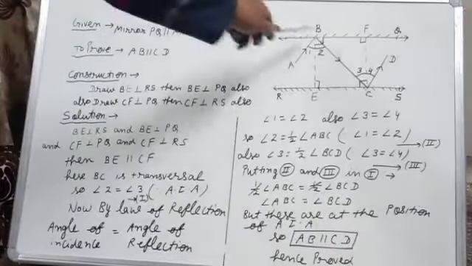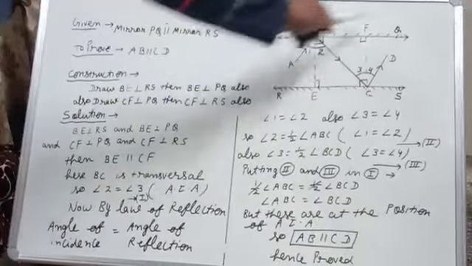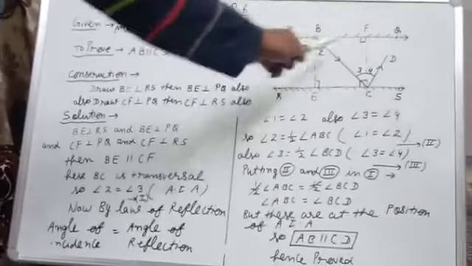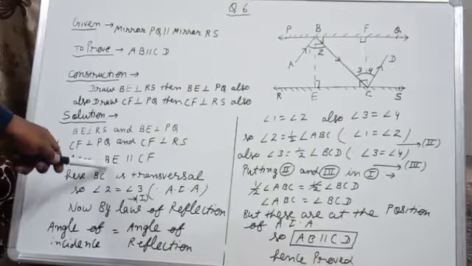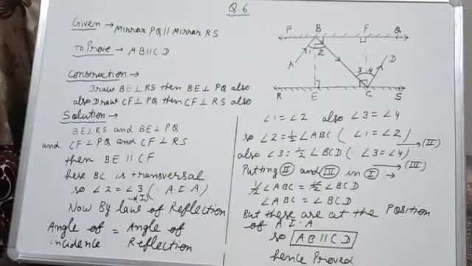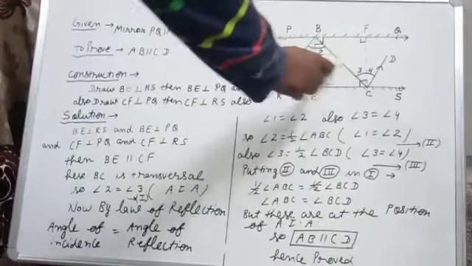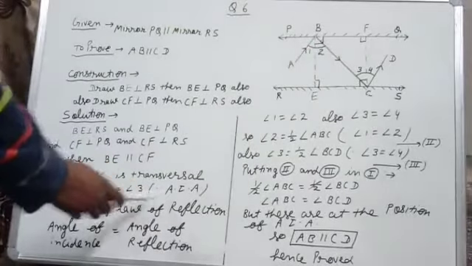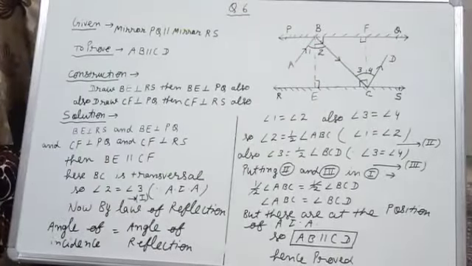Since BE and CF are both perpendicular to RS and PQ, we can say BE and CF are parallel. If these two lines are parallel, then angle 2 and angle 3 are equal because they are alternate interior angles. Let this be equation number 1.